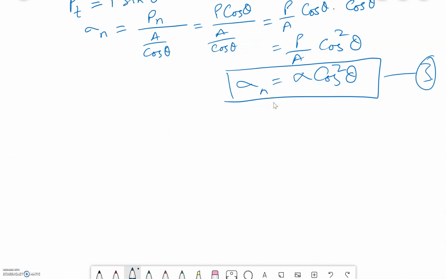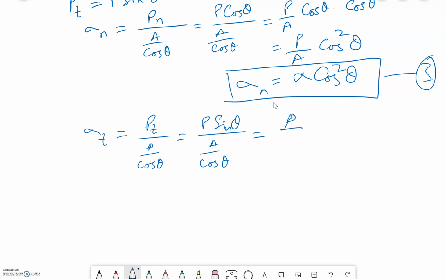Now similarly, we can find the tangential stress, sigma t, as the tangential force divided by the area, which is A by cos theta. The tangential force is P sine theta, divided by A by cos theta, taking you to P by A sine theta cos theta.